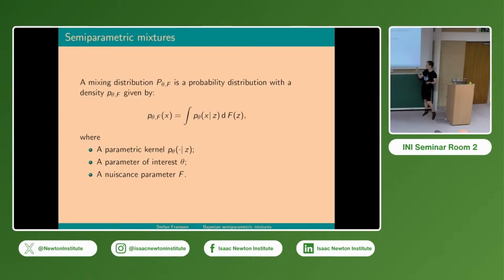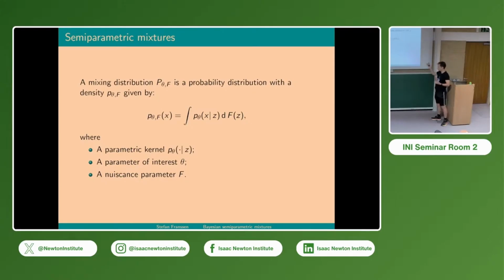There's some latent variable Z, and if we would observe this, we would have a complete parametric model. That would give us the kernel here, p theta, and then we have the random variable, density given Z.